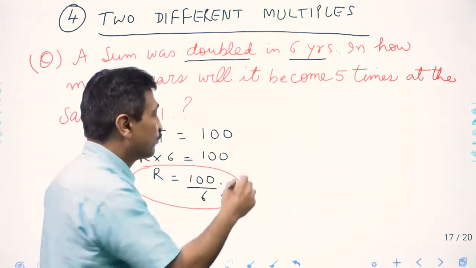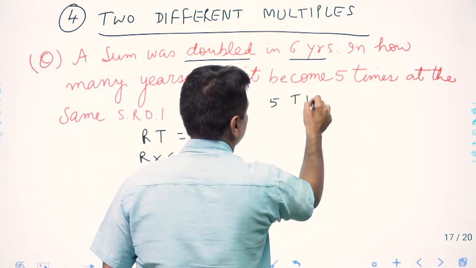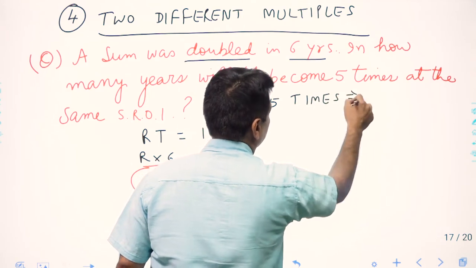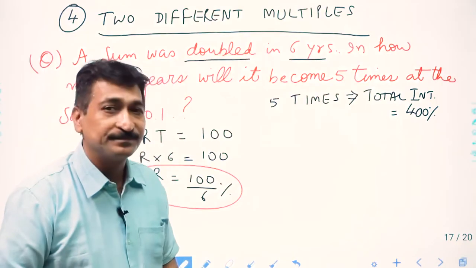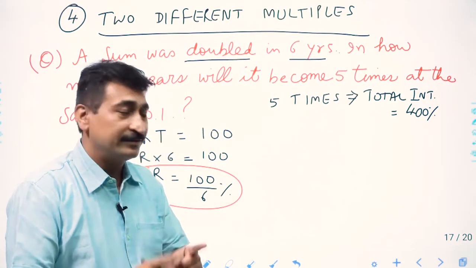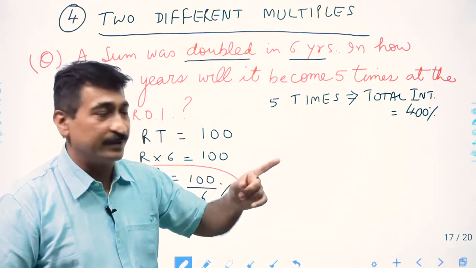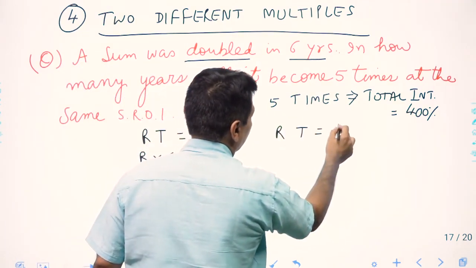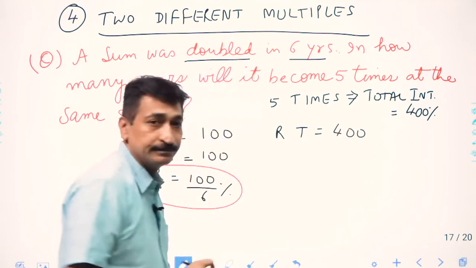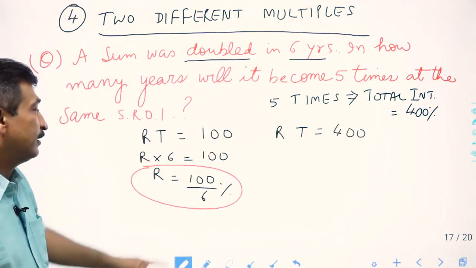What does 5 times mean? 5 times means total interest is 400%, because 5 times means 500 and 500 minus 100 principal. So 400% total interest. That means RT is equal to 400 now.